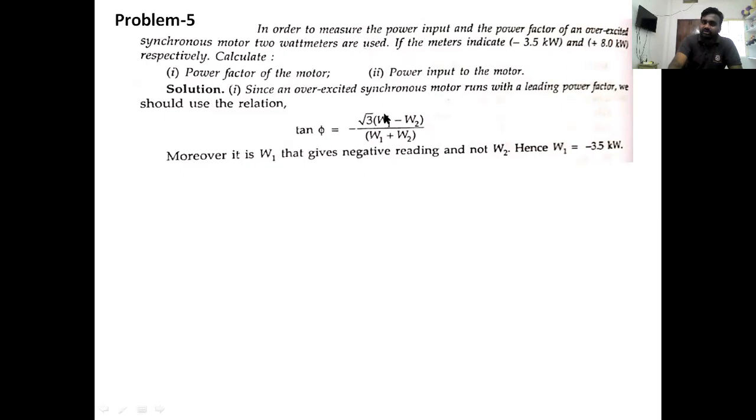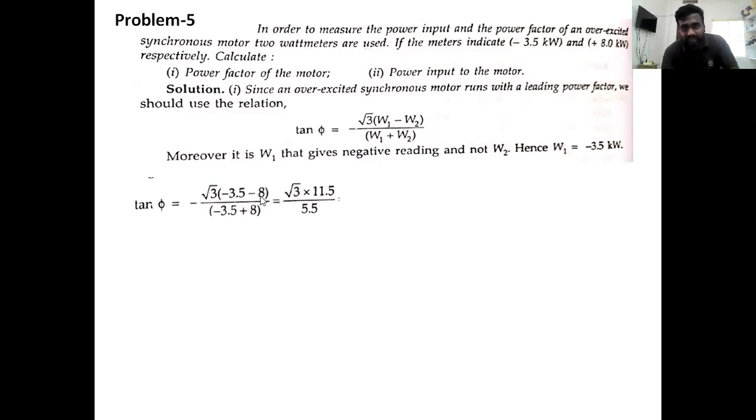So this is the first case. Since it is an over-excited synchronous motor with a leading power factor, W1 gives a negative reading with respect to W2. So W1 is equal to minus 3.5. If we substitute, tan phi is equal to root 3 into (minus 3.5 minus 8) divided by (minus 3.5 plus 8).